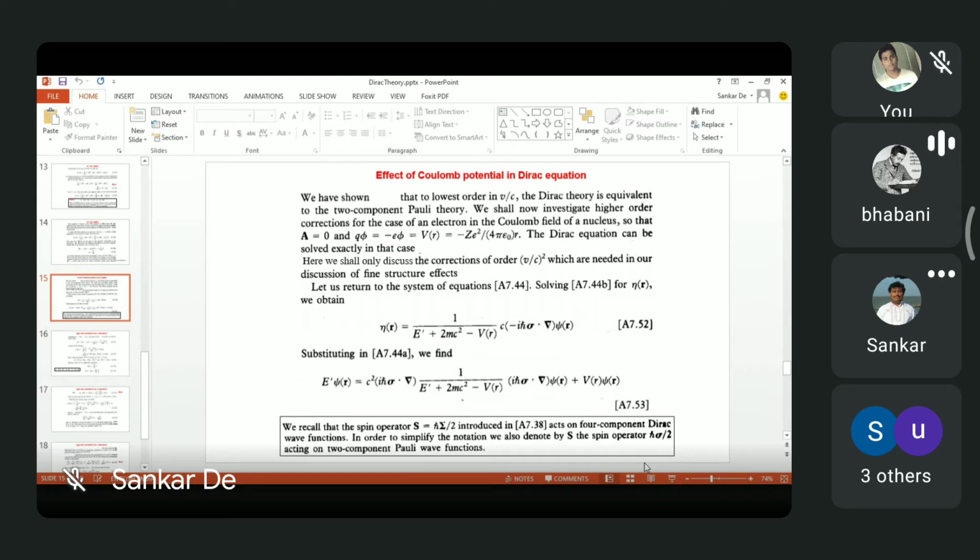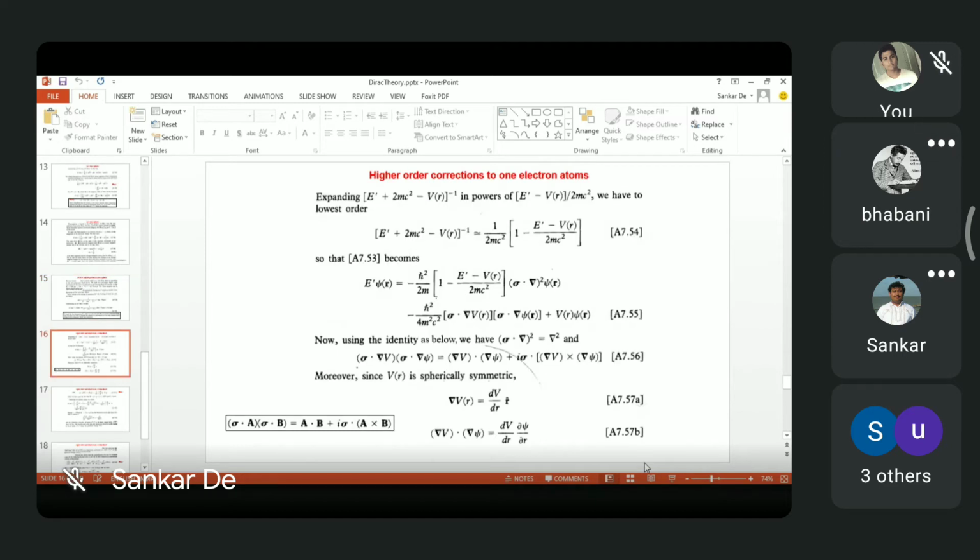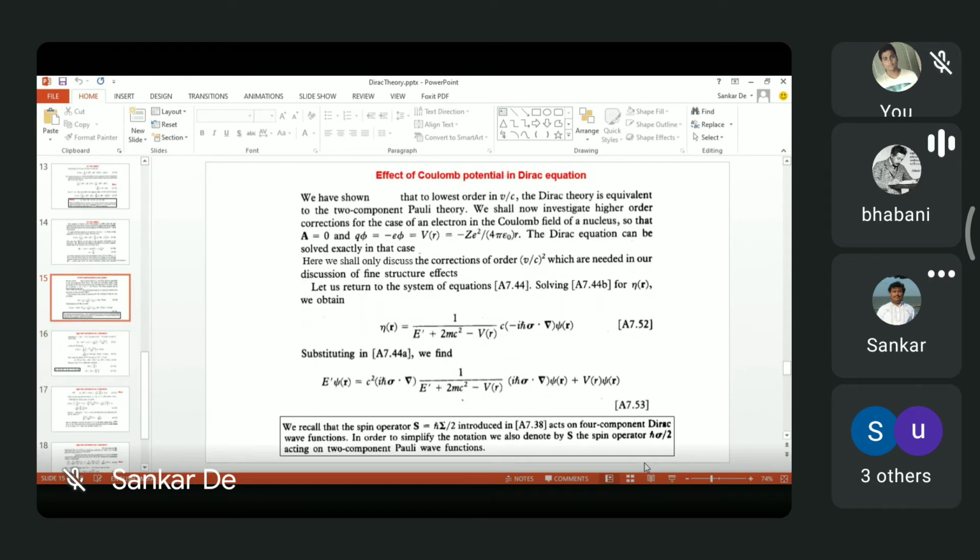That's why it is just giving us, because c square is cut. I mean, in A755, if we compare, you can see that only minus h cross square by 2m is there, because c square is cut by that c square. In the previous one, we have multiplication with the I h cross sigma delta.